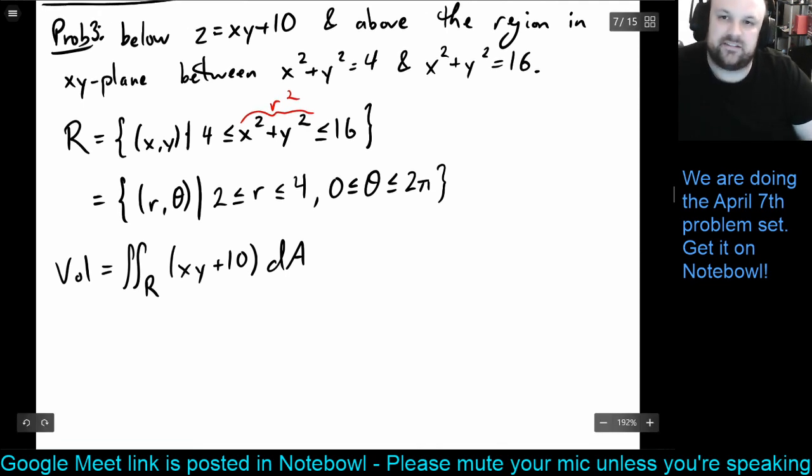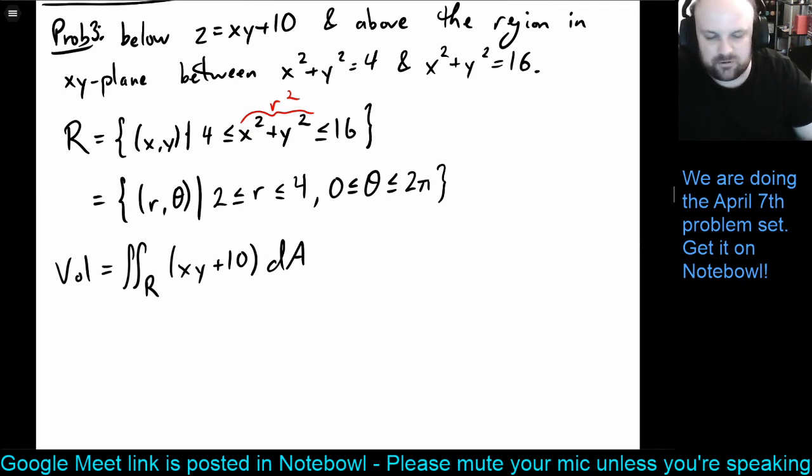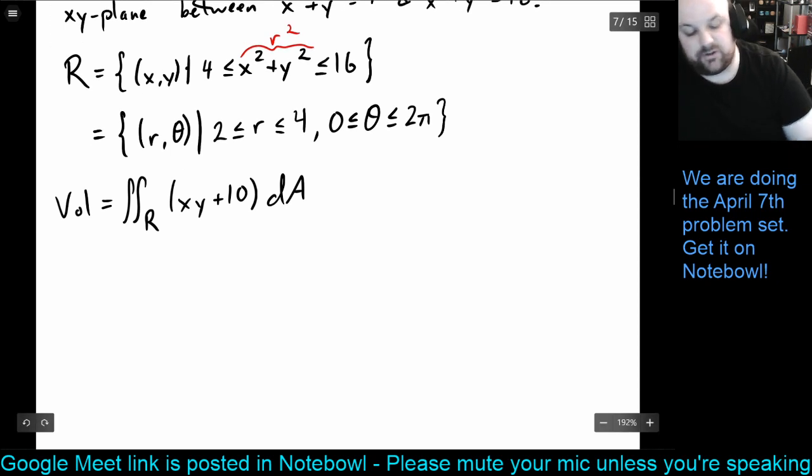When we integrate this, though, we need to switch this integral to polar coordinates. Sorry, words are hard. So we need to do our usual business here. Theta will be the first one, 0 to 2 pi. R will be the second one, 2 to 4.